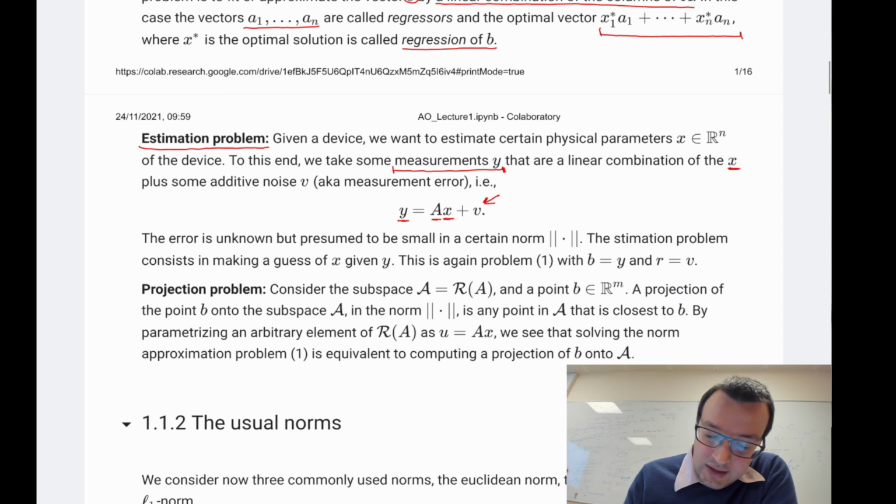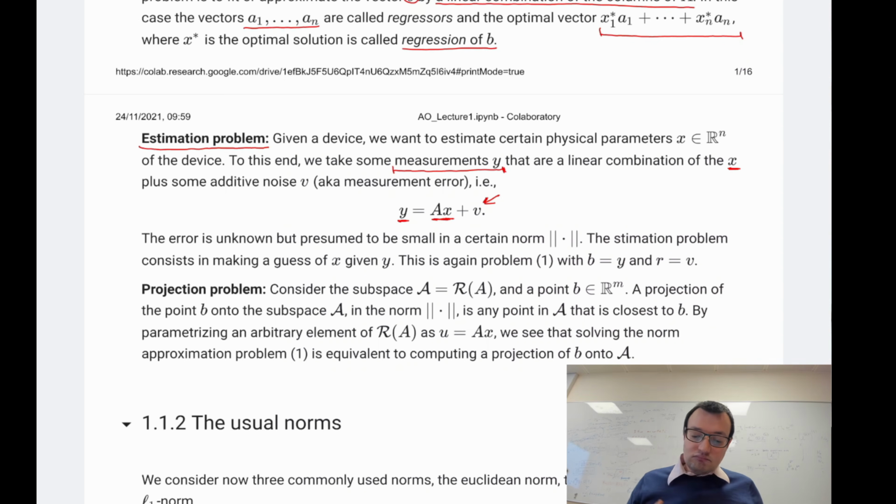So in reality, when you take measurements y, what you're going to get is Ax, which is the relation between the internal variables and the output, the measurements, but also you're going to have some noise. And here you see that, with respect to before, our b is y, and the residual is our noise v.